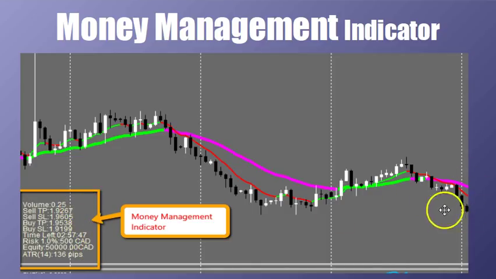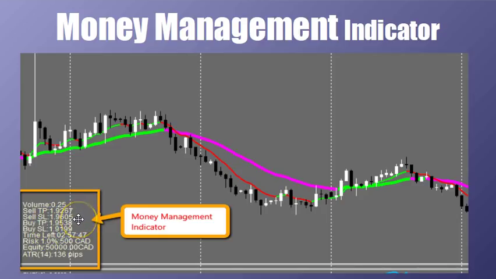So if you're taking a sell trade here, take a look here: sell stop loss. It'll tell you where to actually put your stop loss. You see the price level right there, 1.9605, and your first profit target, 1.9267. So you enter your trade, then manually put in your stop loss at this level.